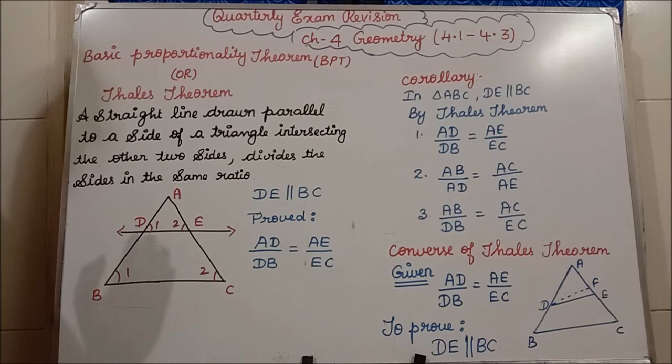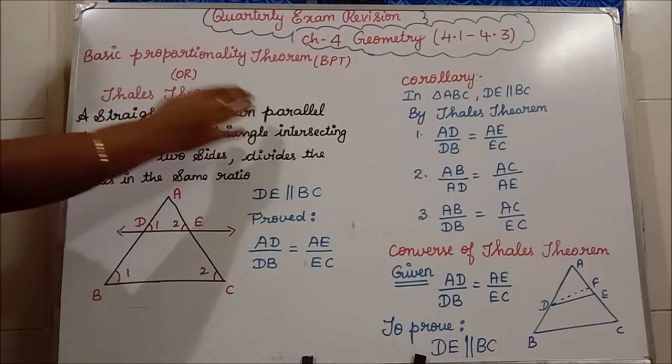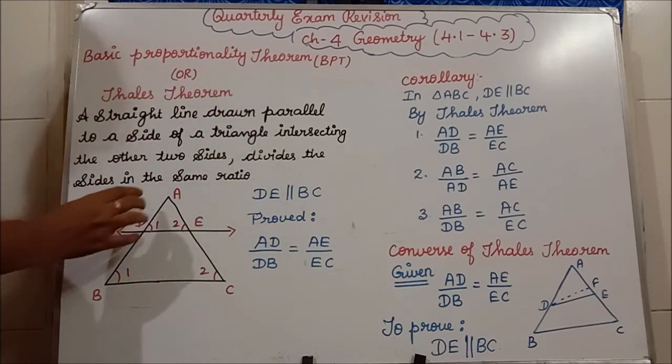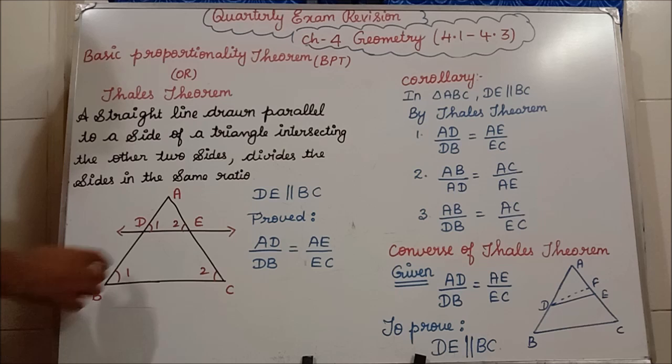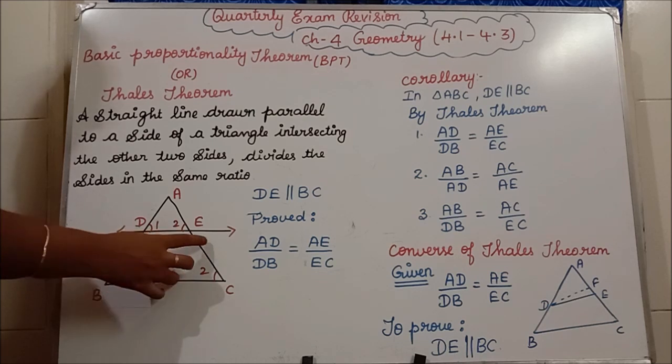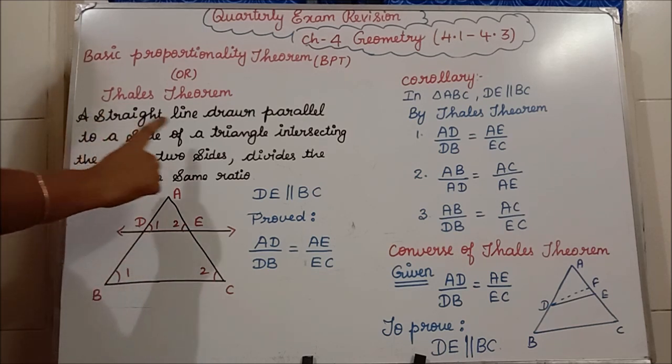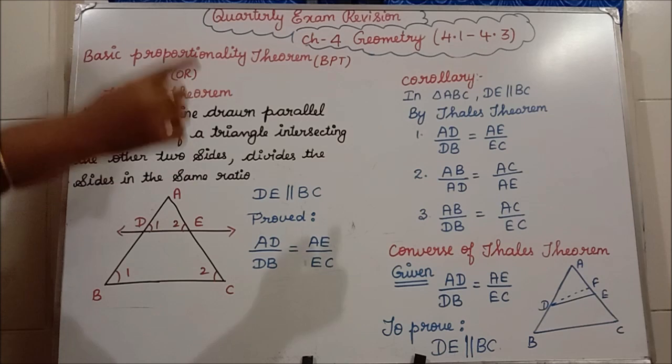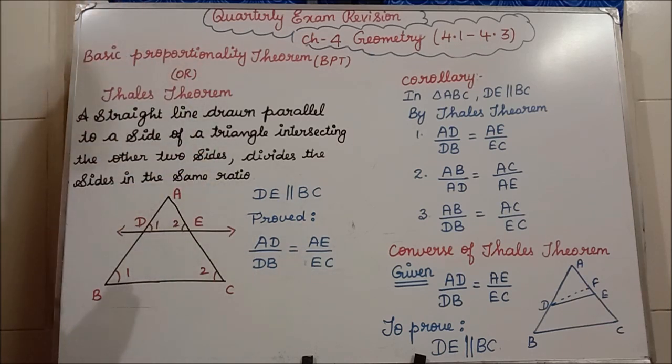You all know the basic proportionality theorem is also called the Thales theorem. A straight line drawn parallel to a side of a triangle, intersecting the other two sides at D and E, divides the sides in the same ratio.